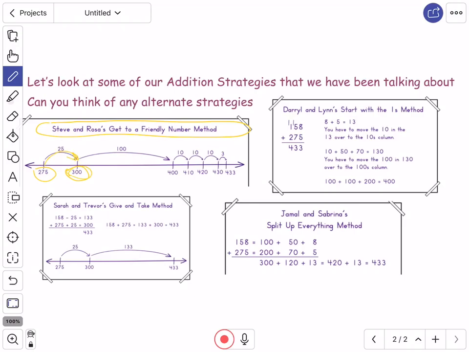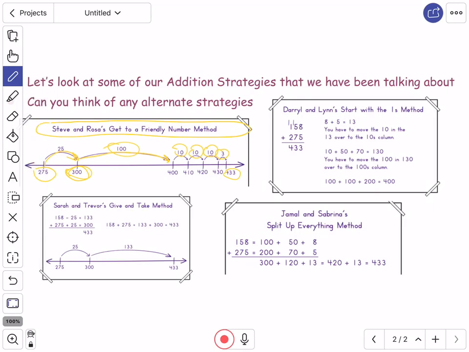And then by adding 25, and then you still need to add another 100, so you add that 100, and then you just keep adding, 25, 35, 45, 55, 56, 57, 58, to end up with that 433. So getting to that friendly number was how that one went, okay?